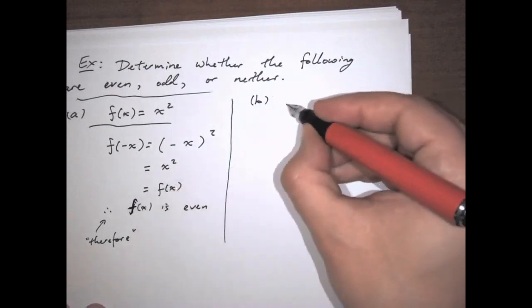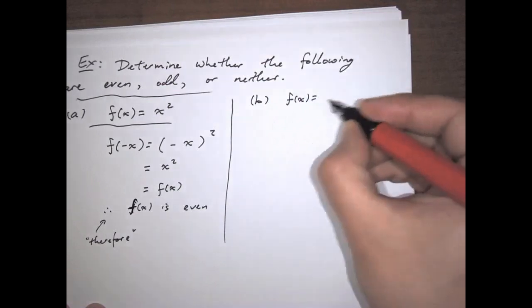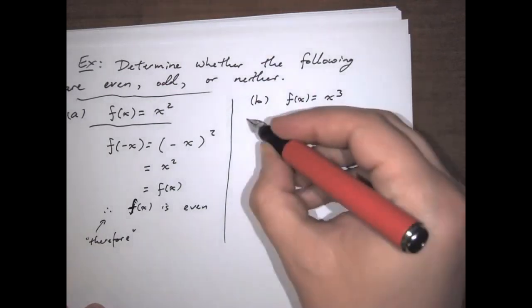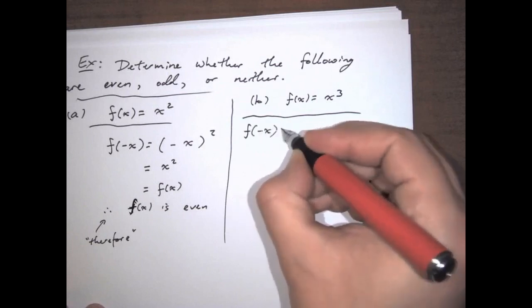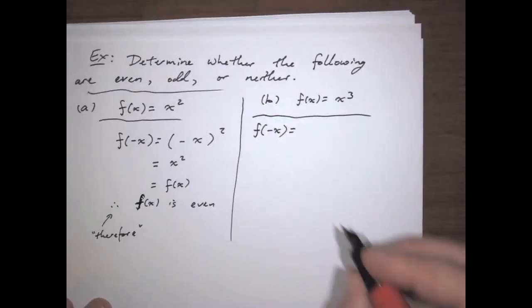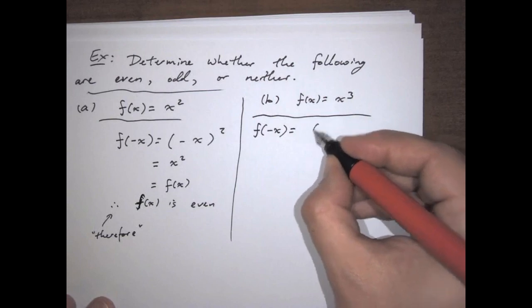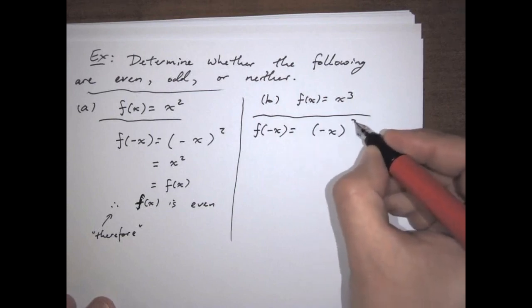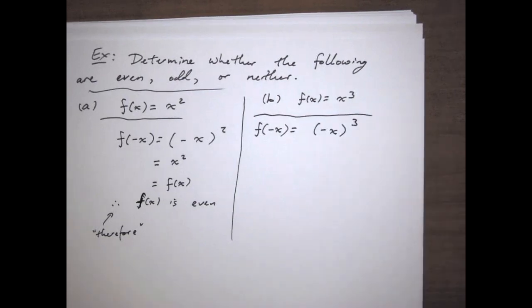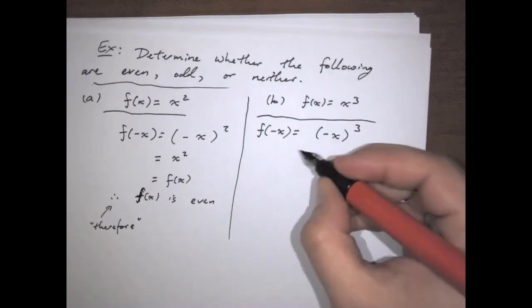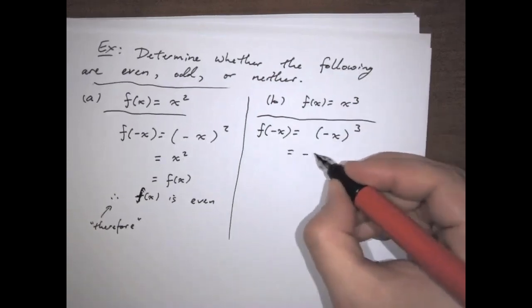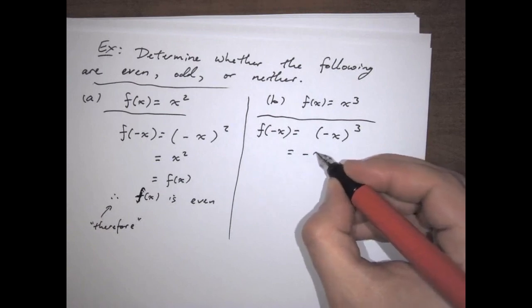B. Take f of x equals x cubed. We start the same way, change x to negative x. And it's important, the distinction between a negative raised to an even power and a negative raised to an odd power, in that if it's raised to an odd power, negatives will stay negative and positives will stay positive.